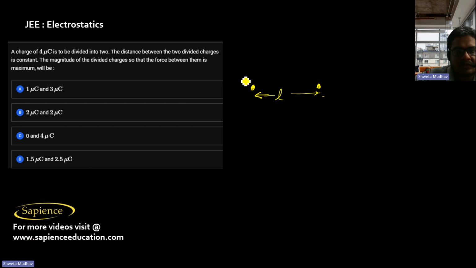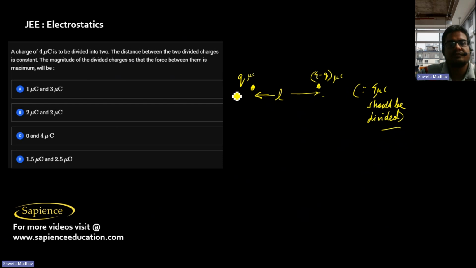So here we will have charge q microcoulomb, and here we will have, suppose, 4 minus q microcoulomb, since here it is told that 4 microcoulomb should be divided into two parts. Then the magnitude of the divided charges should be such that the force between them is maximum.